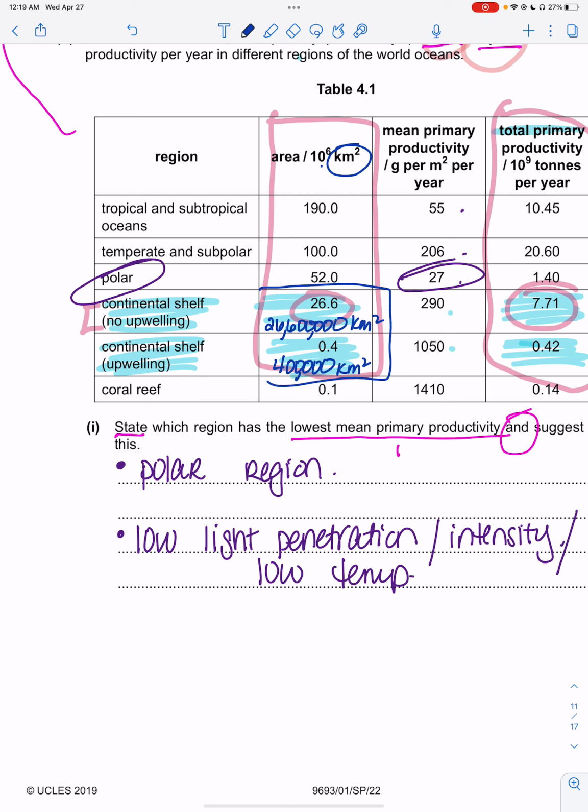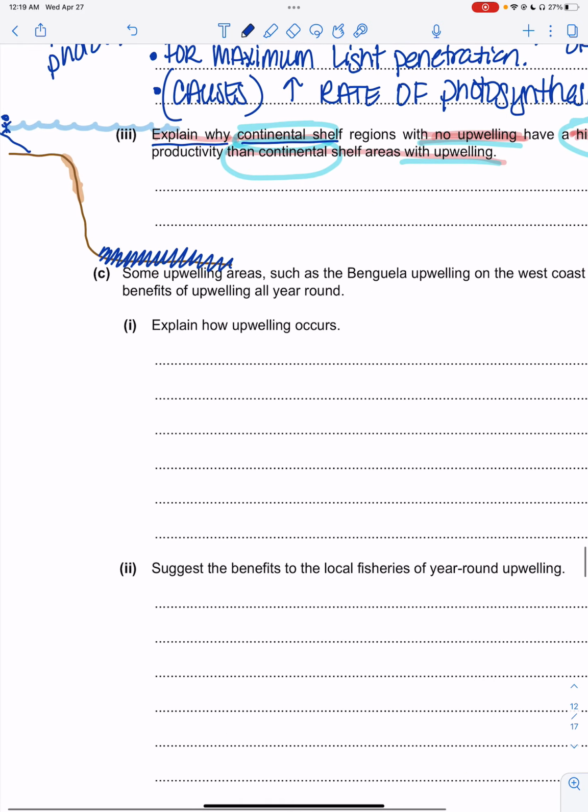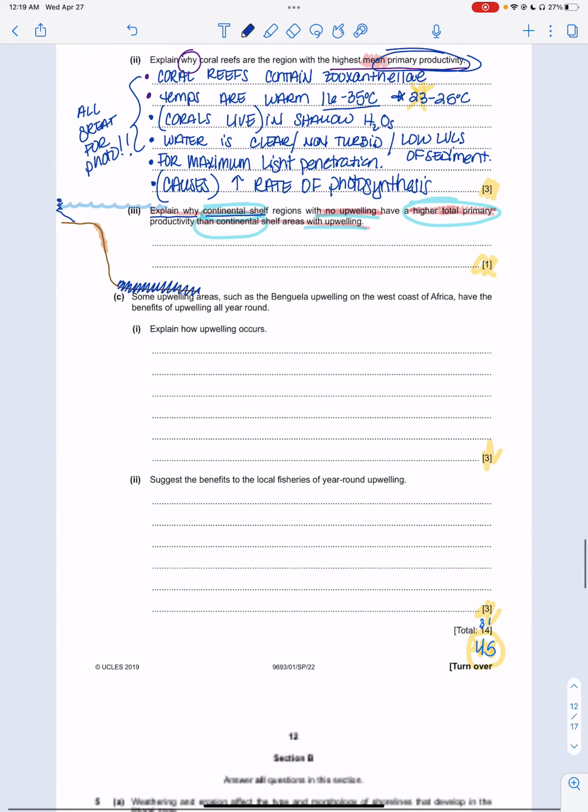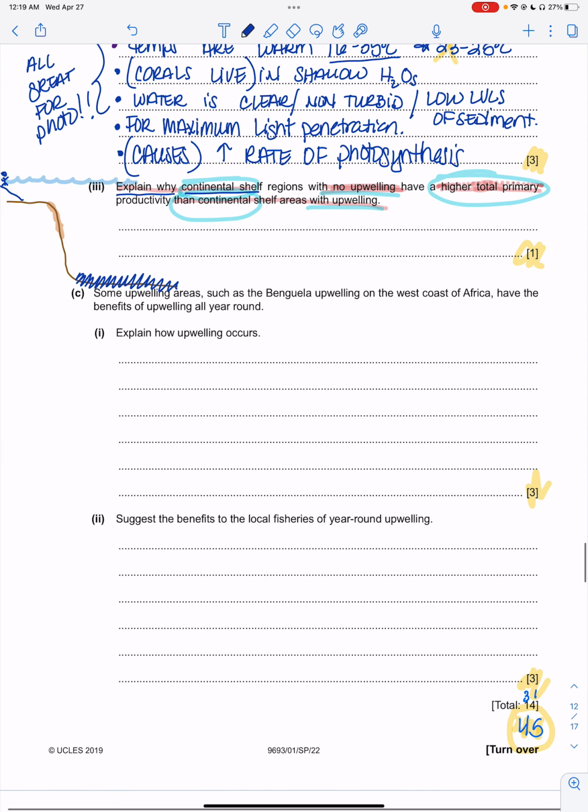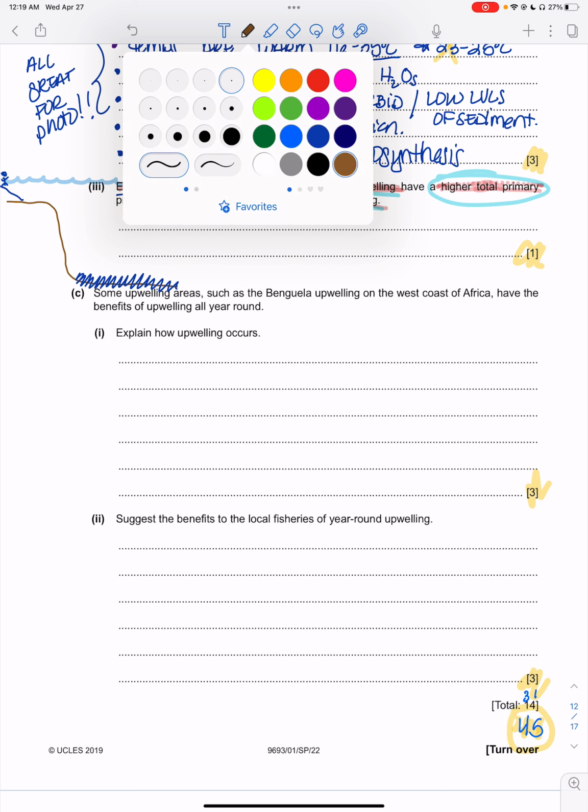They said look at this 7.7 and then 0.42. How come? The answer right here is it's the size difference. So there's just so many more areas. The continental shelf is on every single continent, where you're not going to have upwelling everywhere.